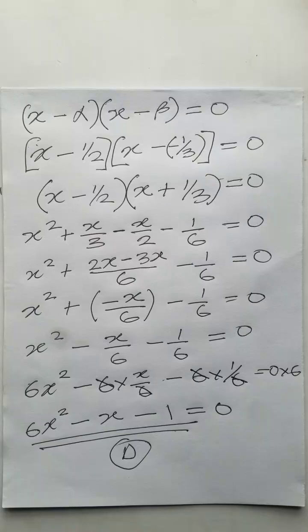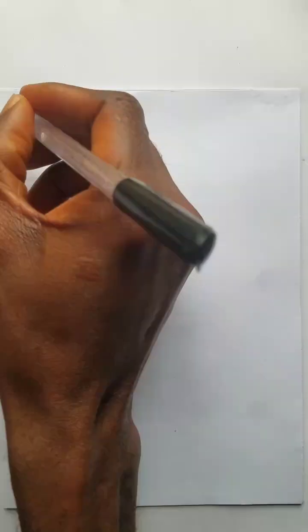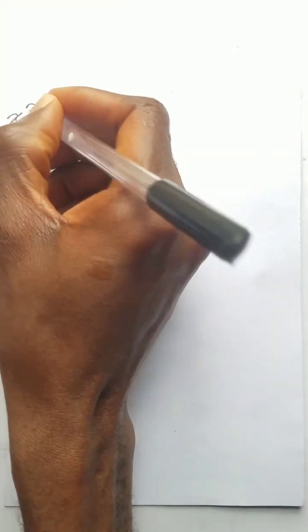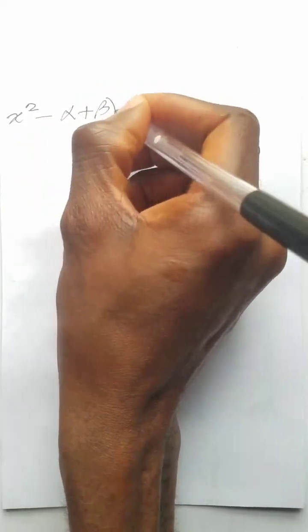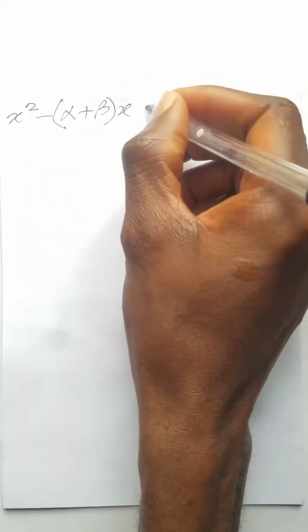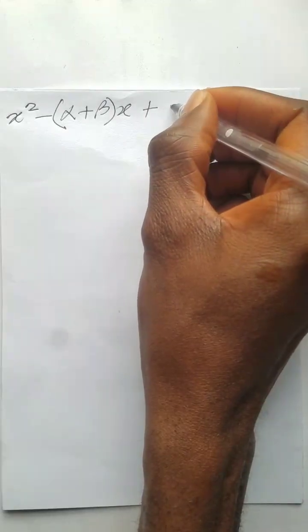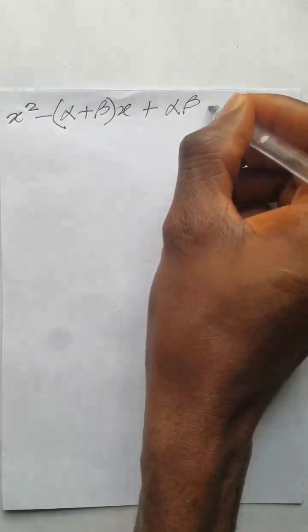There's another way of solving this math. So I can use the formula that says x squared minus alpha plus beta x plus alpha times beta is equal to 0.